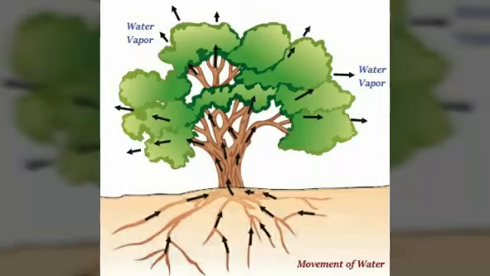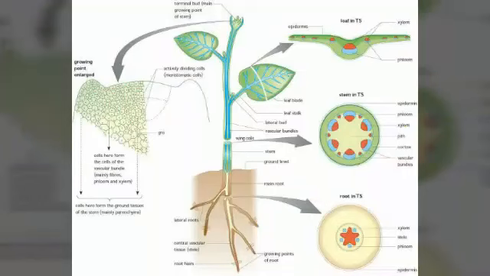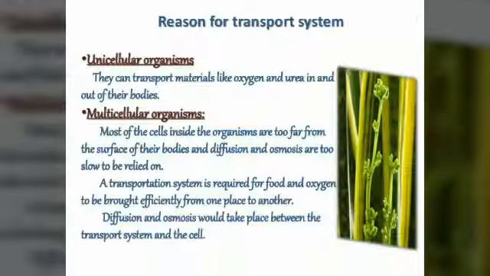For transpiration, they remove the excess water from the aerial part of the plant, and they prepare the food in the leaf. They transfer the food to different parts of the body. All these activities are carried out by different systems, different portions in plants.